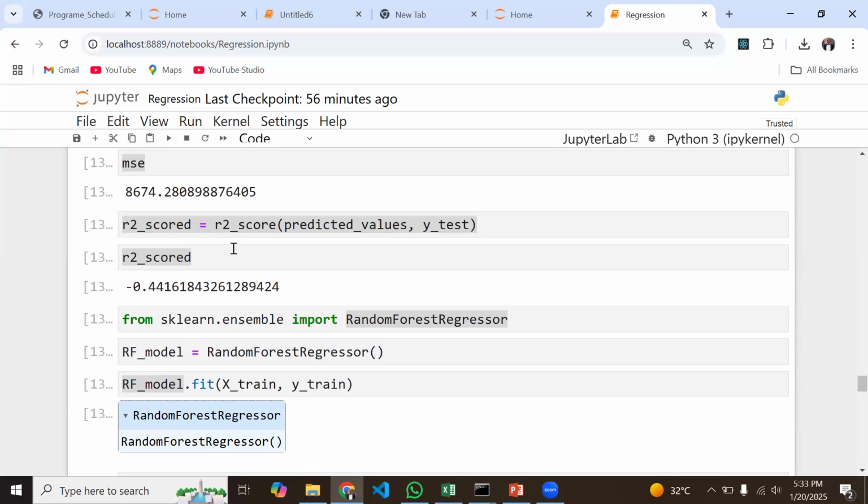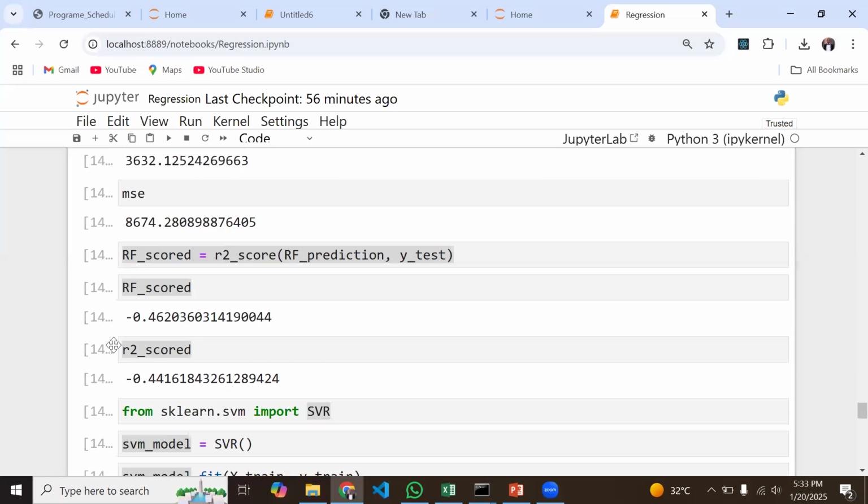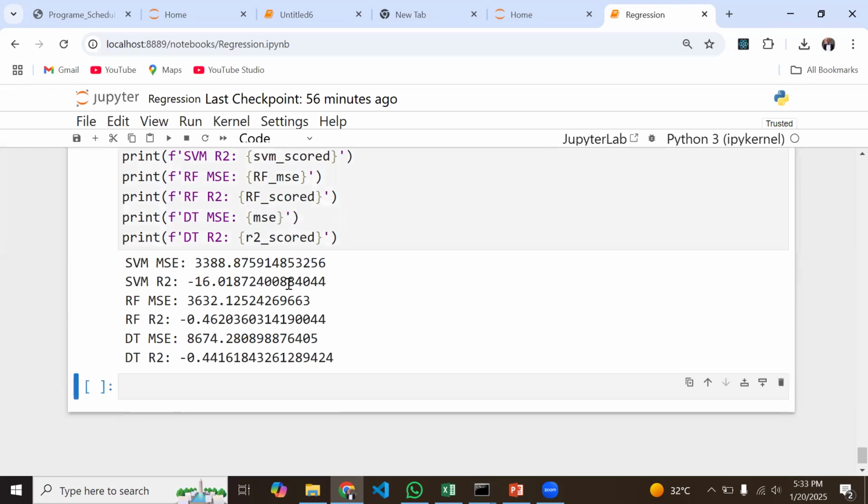I think that's the original one. We use the R scored and this one. Okay. So R2 scored. All right. So I think, yeah, these are the ones that we see over here.